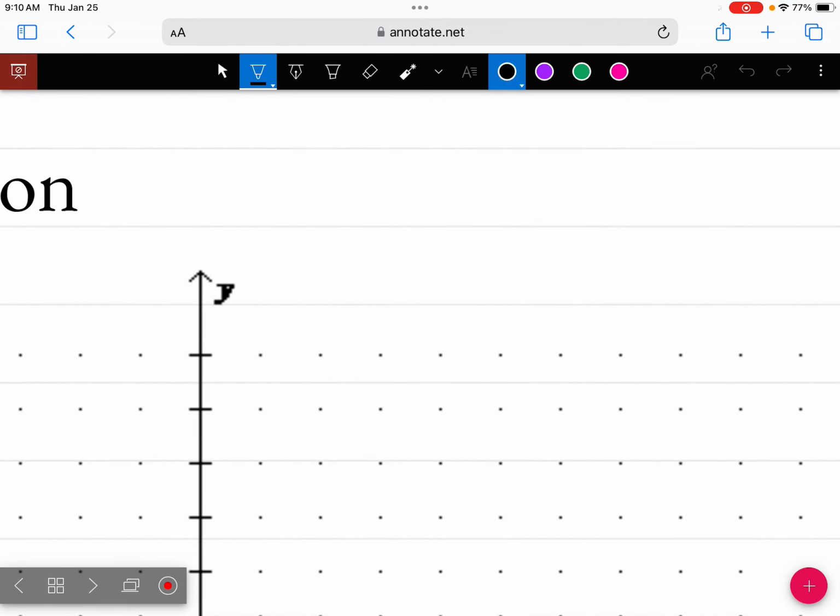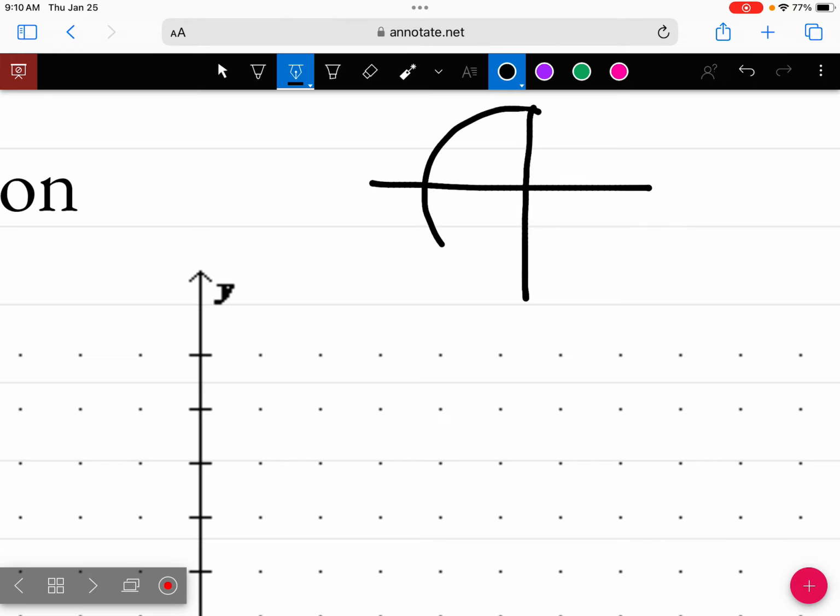So we're going to think about this in terms of our unit circle. I'm going to give myself a super basic sketch of my unit circle. And the only points I'm going to put on here are the quadrant points.